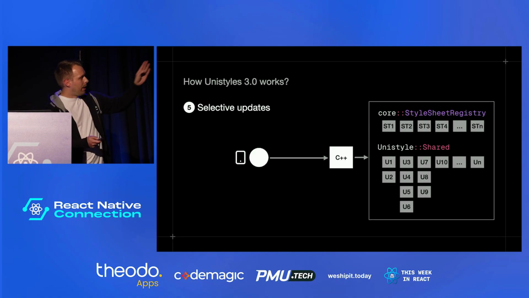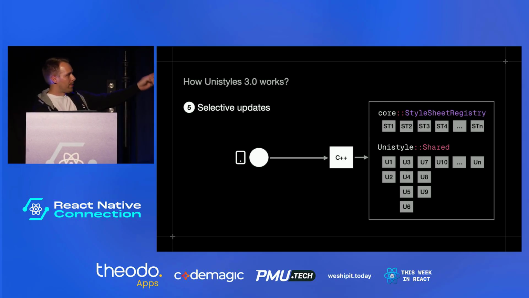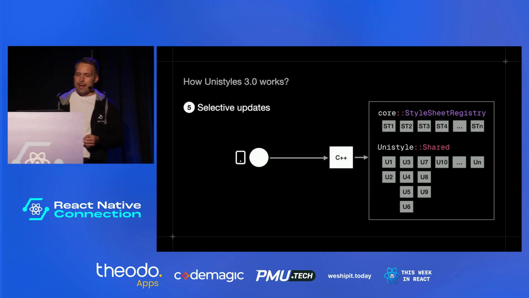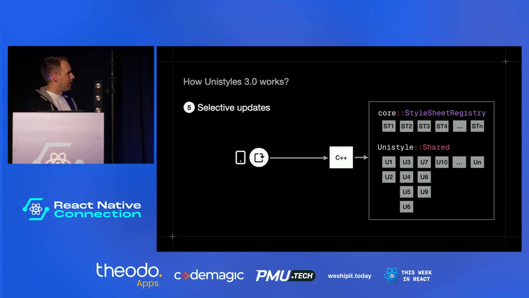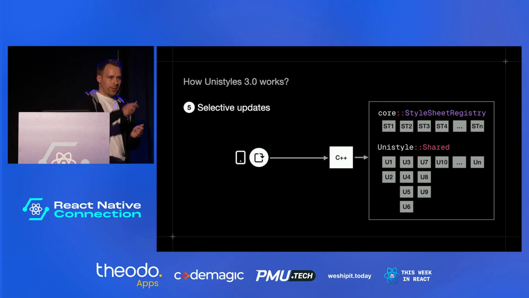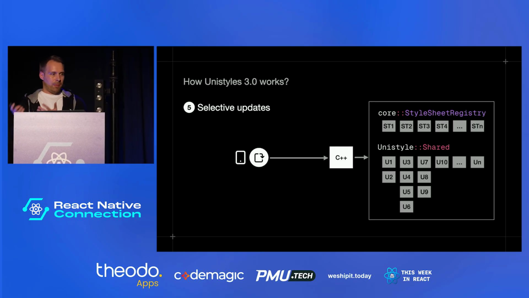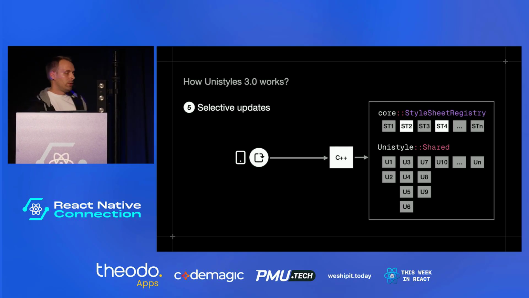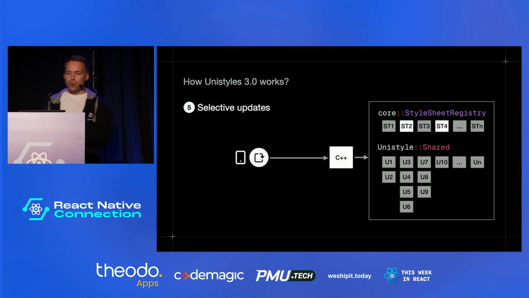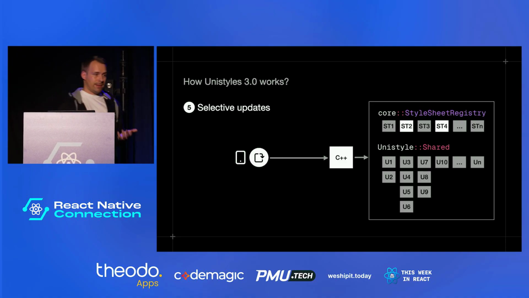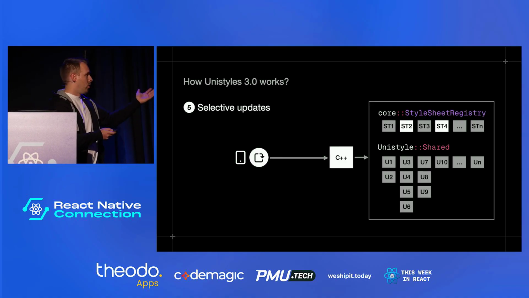You should read it vertically. So for example, style sheet 1 has 2 Unistyles. And well, let's see what happens. Let's say your user will rotate your phone, and we will emit a C++ event. And I will know that, for example, style sheet 2 and 4 depend on theme or orientation.